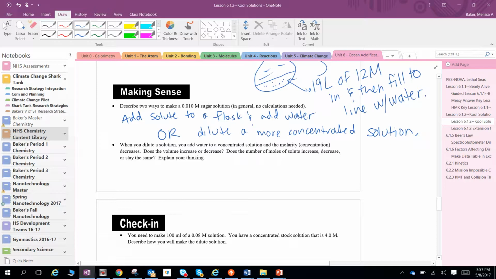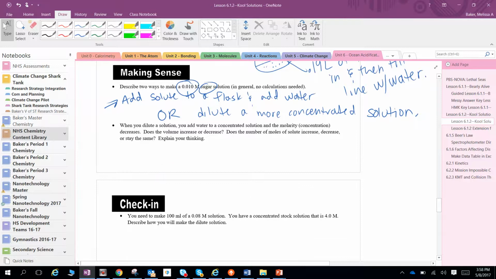I guess I could have been more specific. It did say sugar. So I would add sugar to a flask and add water, or I would dilute a more concentrated sugar solution so that it would be 0.01 molar.